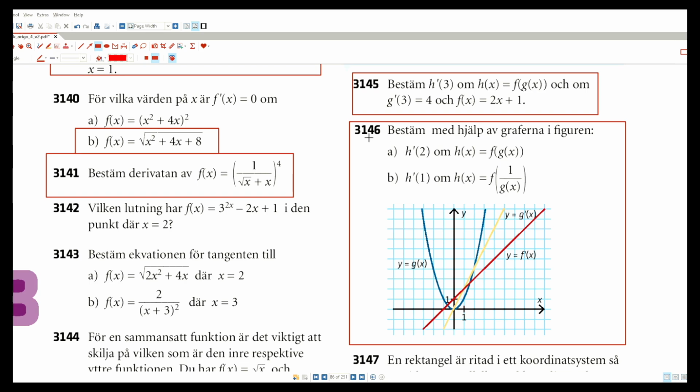So problem 3146. One thing that I want to mention is that the mistake that students usually make is that they guess the functions. So for example, they say that, okay, the blue curve is y equals x squared. And coincidentally, it's correct because the author probably, when designing this question, was thinking about y equals x squared.